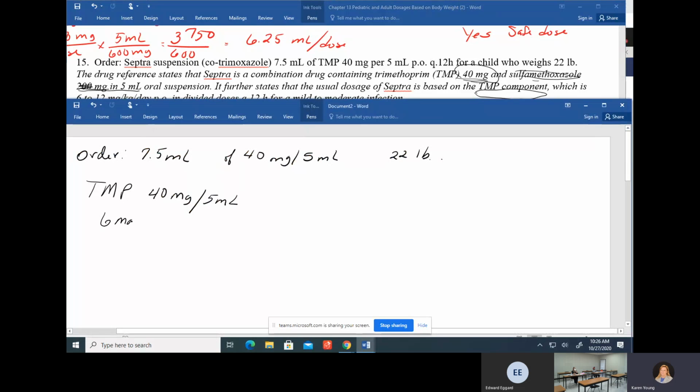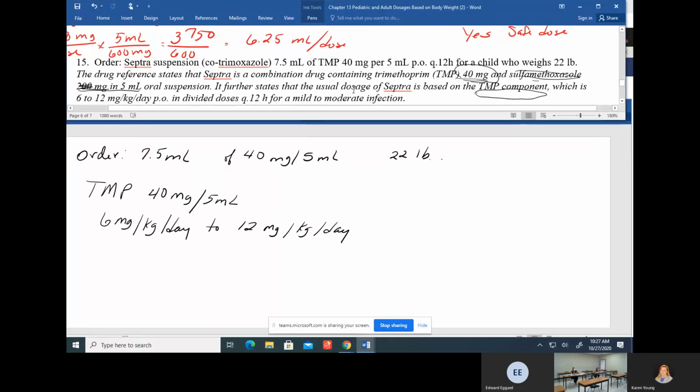So 6 milligrams per kilogram per day to 12 milligrams per kilogram per day. And its divided dose is every 12 hours.